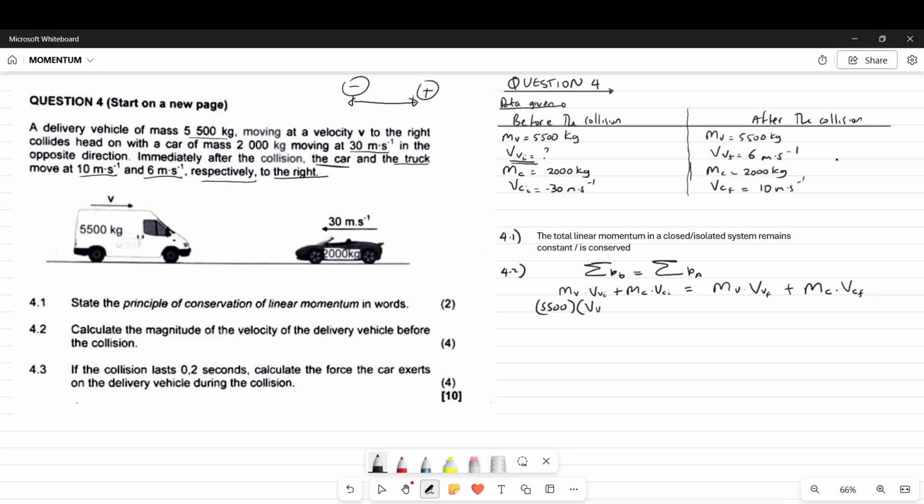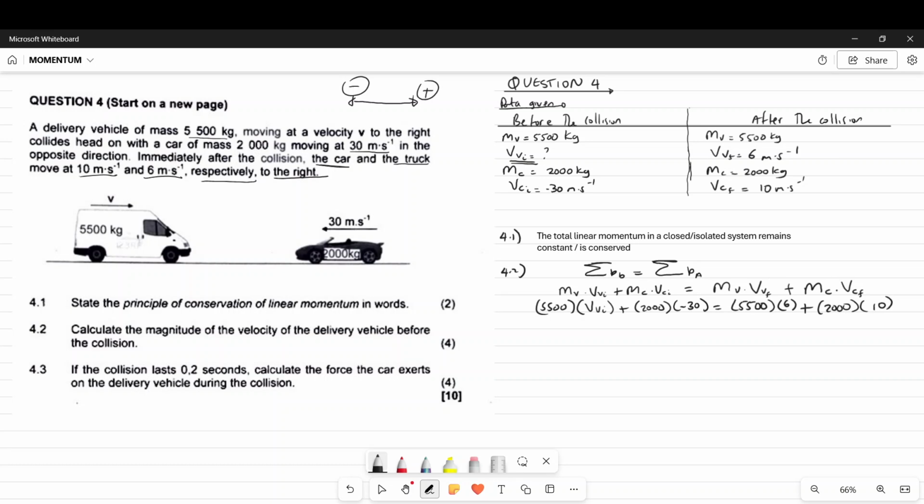We can just say v initial, plus mass of the car, which is 2,000, and the velocity of the car moving in the opposite direction, so it will be negative 30, is equal to mass, which is 5,500, close bracket, v final, which will be 6, plus mass, which is 2,000, and this will be 10, right?